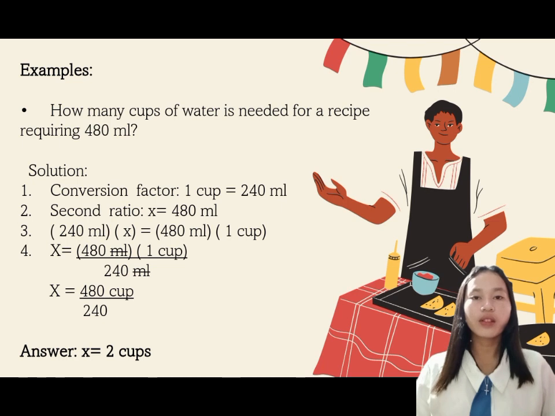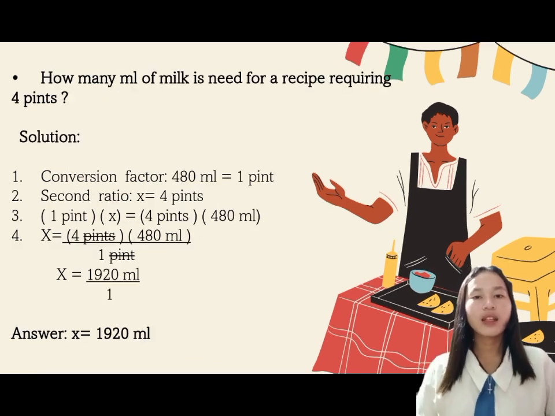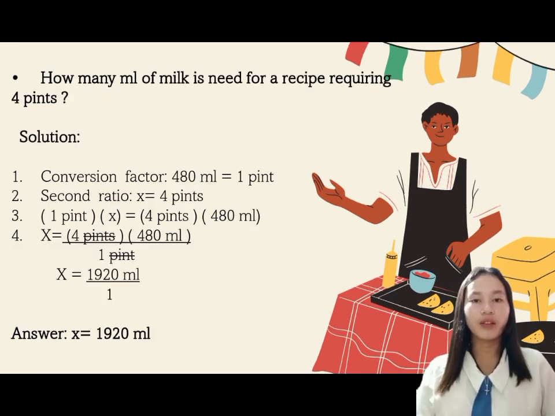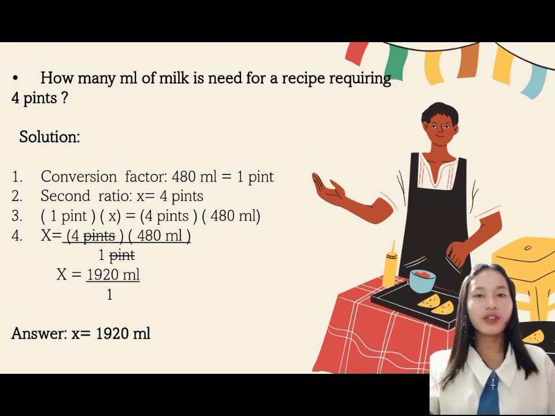So that is the first example. The second example is how many ml of milk are needed for a recipe requiring 4 pints. So the solution is, again, you need to get the conversion factor. 480 ml equals 1 pint. Second is to get the second ratio, which is x equals 4 pints.